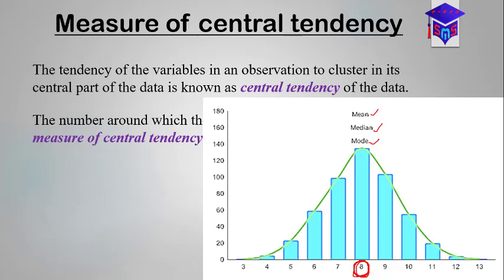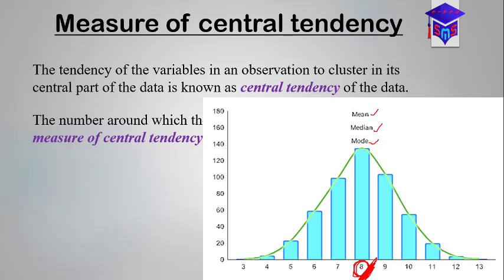That central location is where we can find the mean, the median, and the mode. So the number around which the data seems to be crowded is a measure of central tendency, a measure of its central location.